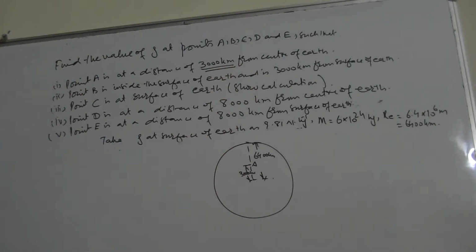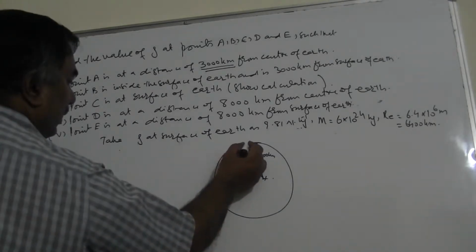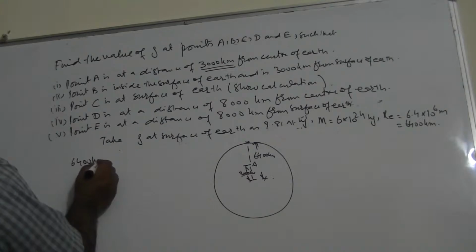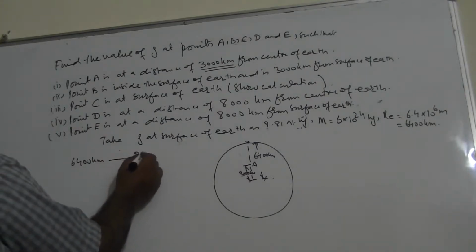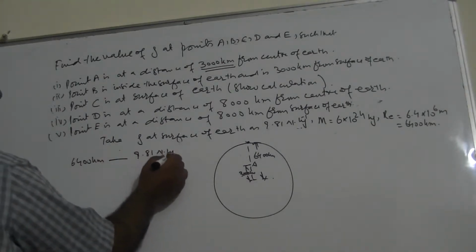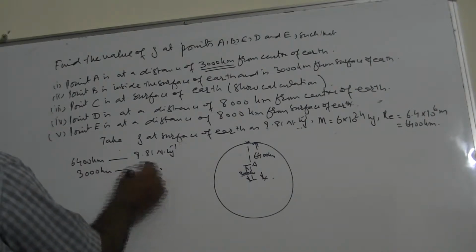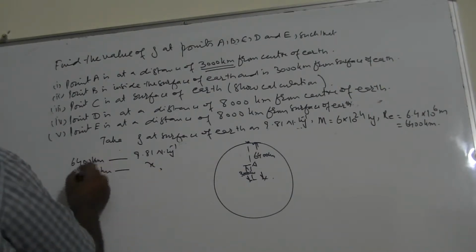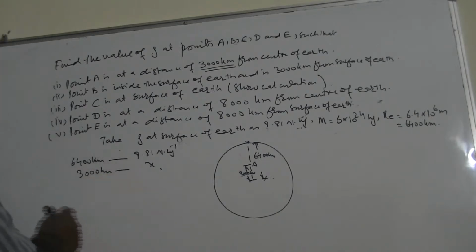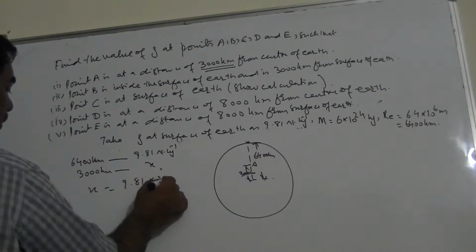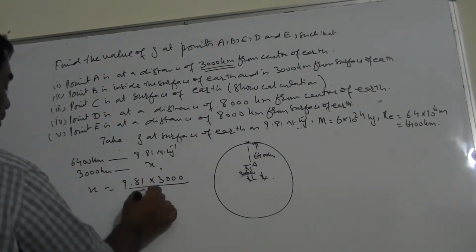So I will use the ratio method. At the surface of Earth I will take 6,400 kilometers, the value is 9.81 newtons per kg, and the value at 3,000 kilometers will be x. This is in kilometers, so I do not need to change those to meters. So x will be equal to 9.81 into 3,000 divided by 6,400.